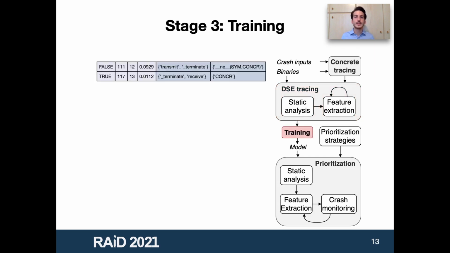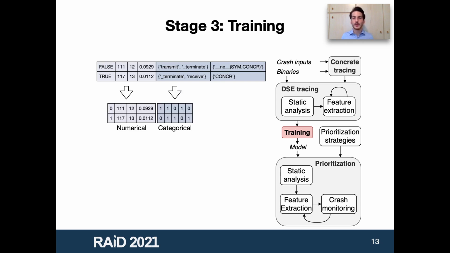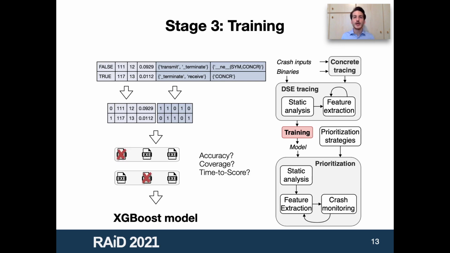So during the training stage, we will take this dataset as an input, pre-process and prepare the numerical and categorical features, and finally, train our classifiers. As discussed earlier, we train many different models.